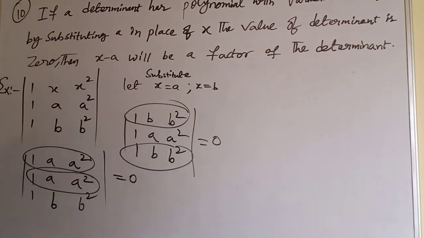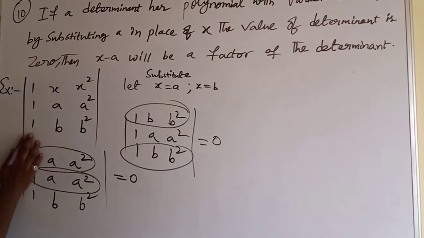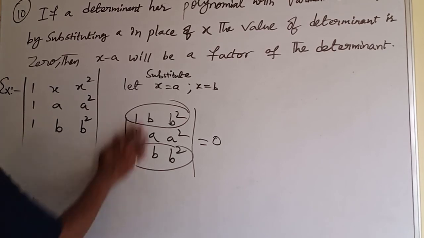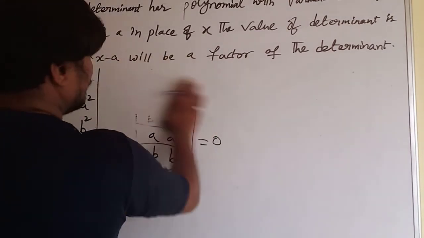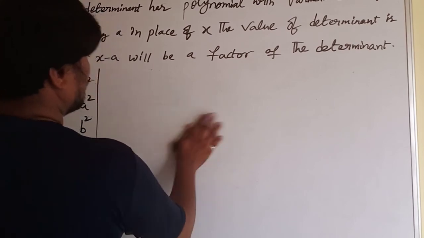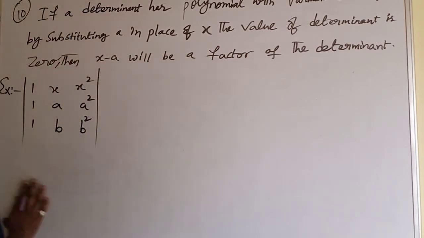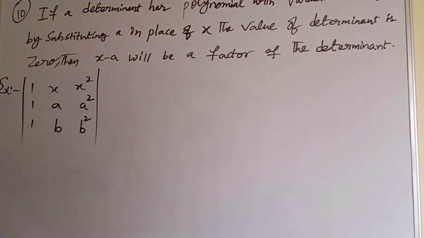So now let me check whether it is possible to be factors or not. So for that factors purpose, how to solve this part? It is very easy. I'll go for some other way now so that you can understand clearly. So the first way is this. First I'll do two operations here.